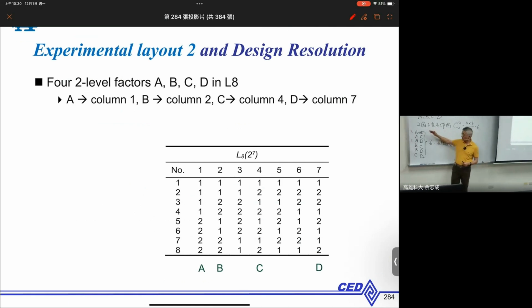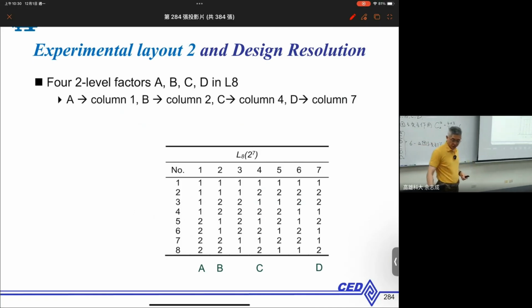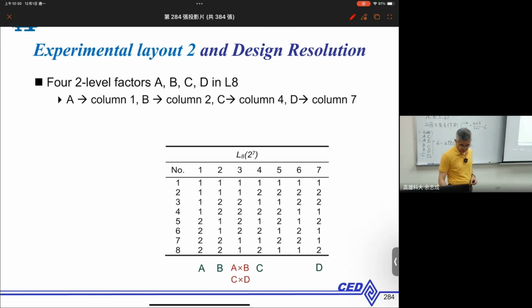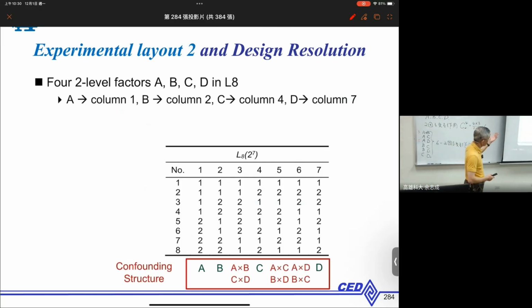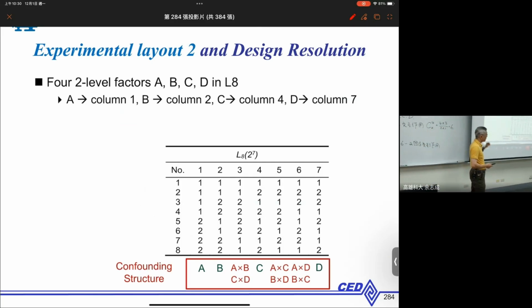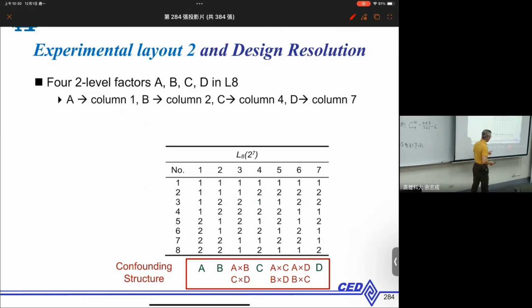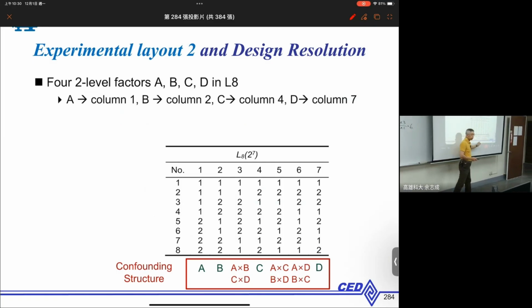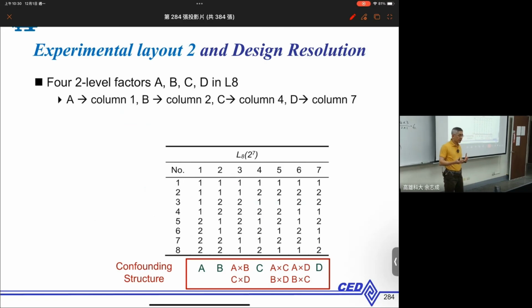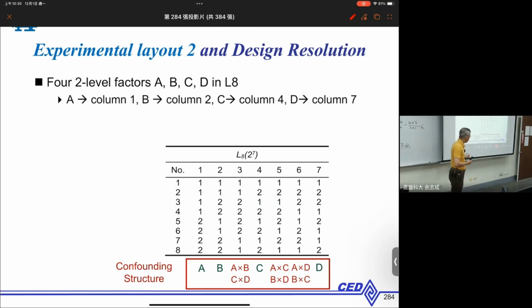Try to find out where these two-way interactions will be in the L8 orthogonal array. Again, if you use the same table from the last page, you should be able to find the confounding structure like this. And this confounding structure is different from our previous one.